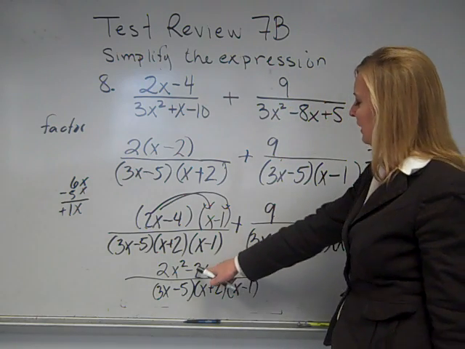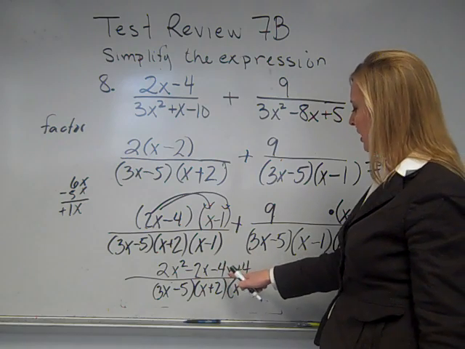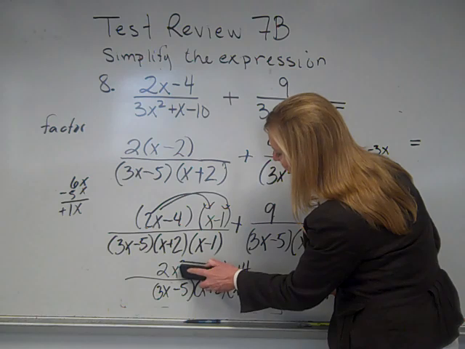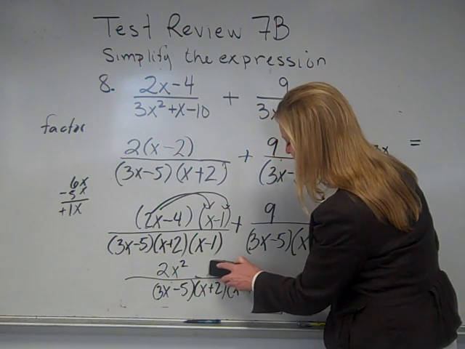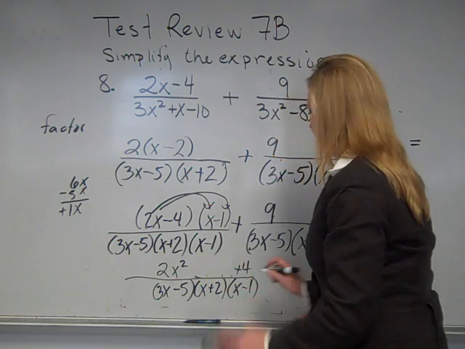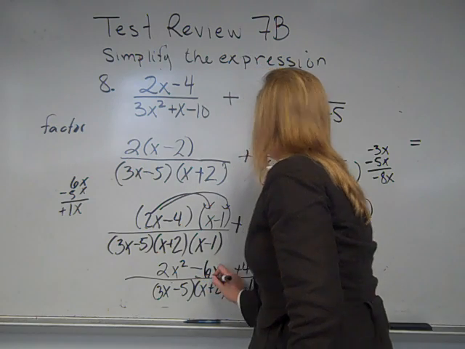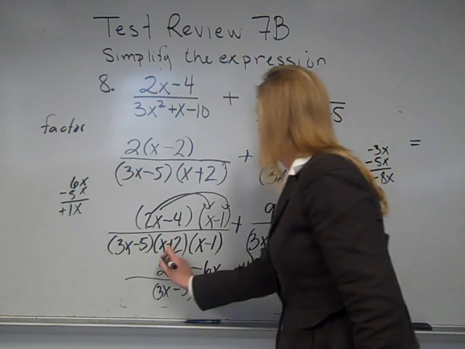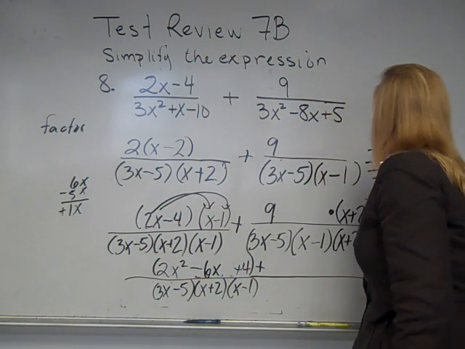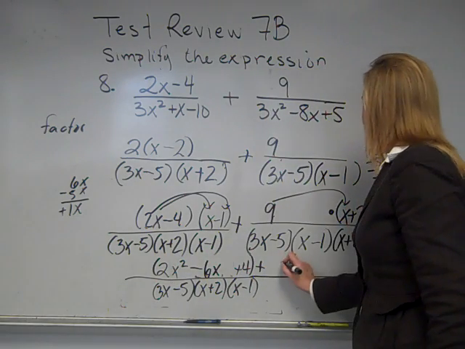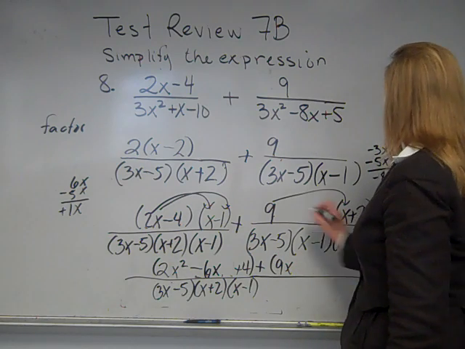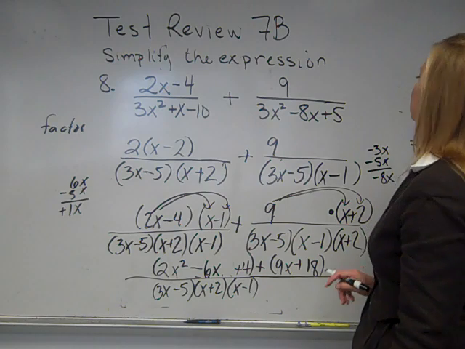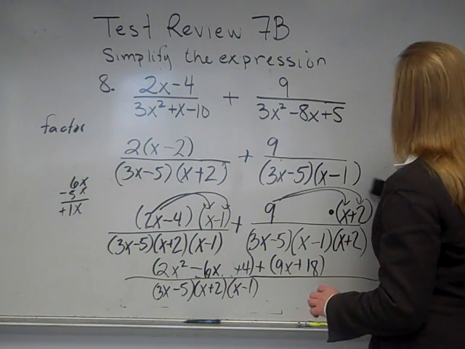Combine our like terms. We lost 2 x's, we lost 4 x's, we lost a total of 6 x's. Let's add that to 9x plus 18. All right, we're running out of room.